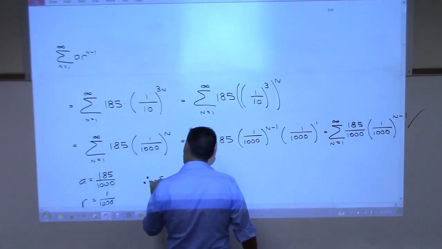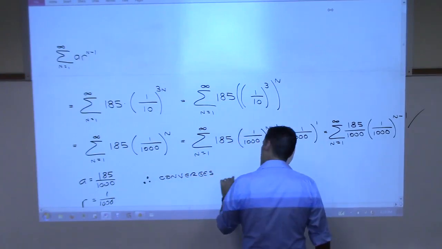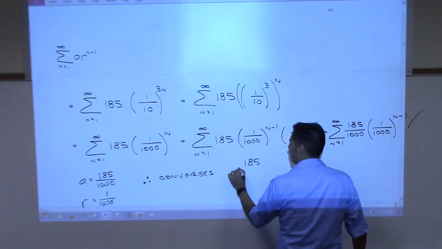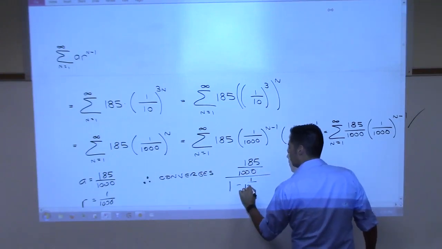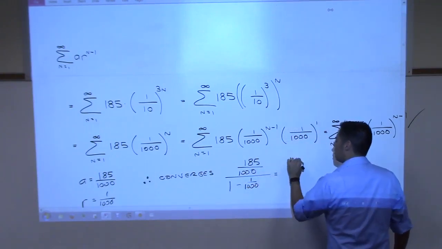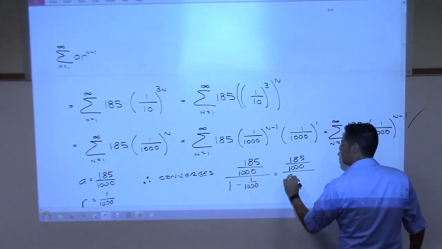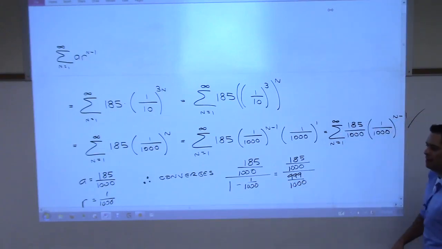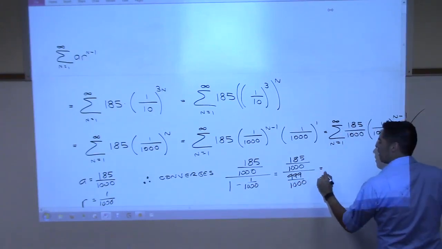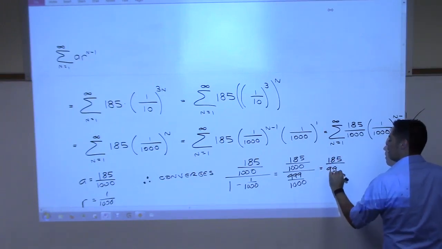Therefore, it converges to 185 over 1,000 over 1 minus 1/1000th. What is 1 minus 1/1000th? 999 over 1,000. And then if you flip it, the thousands will cancel, and you get 185 over 999.